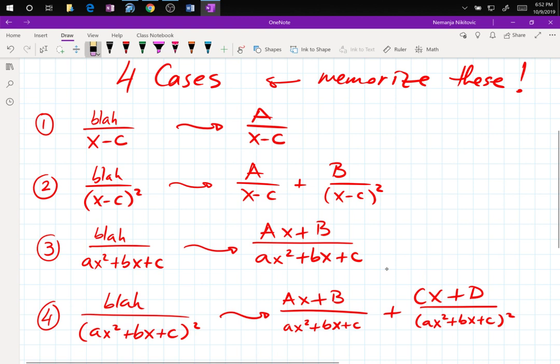Again, capital A and B are not the same as lowercase a and b. Those are going to be different numbers. So 4 cases, which means that factoring skills are going to be necessary, and then completing the square might make an appearance again because that's your favorite, right?